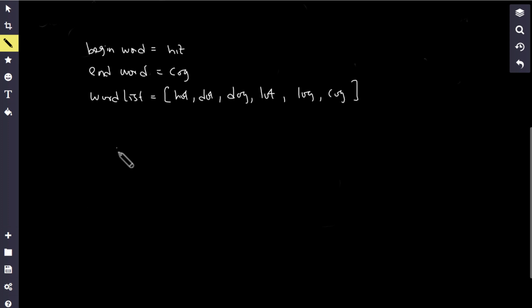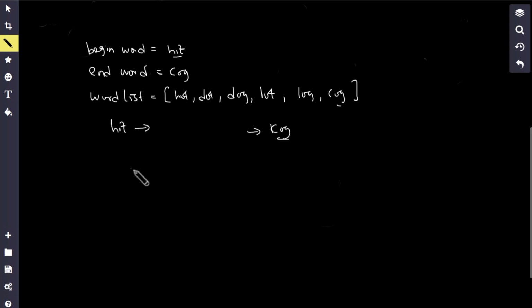Our goal is to start from HIT and change one character at a time all the way to COG. Since COG is part of the word list, we want to find that path, and then we want to find the shortest path to COG. So to even think about this problem in the first place, right?